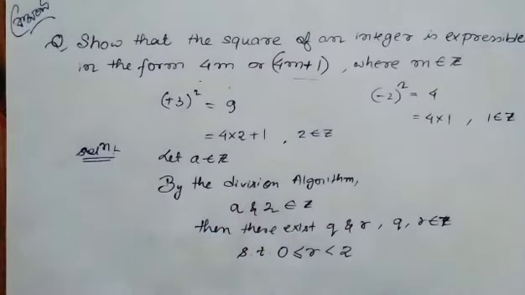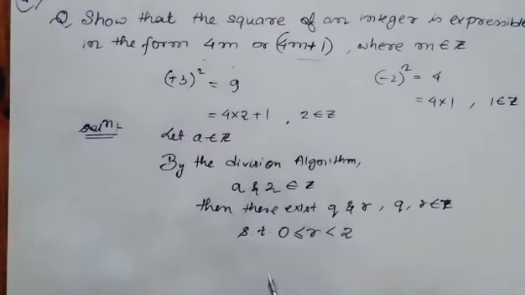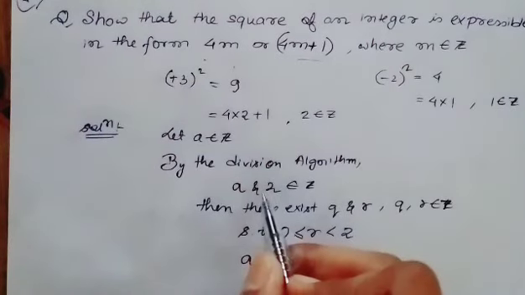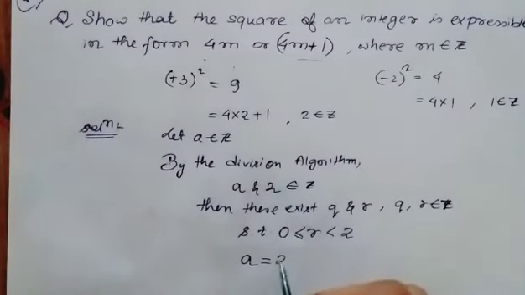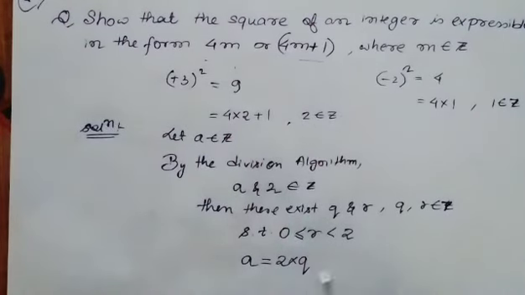So considering this case, you can write the overall expression: dividend is equal to divisor into quotient plus the remainder.